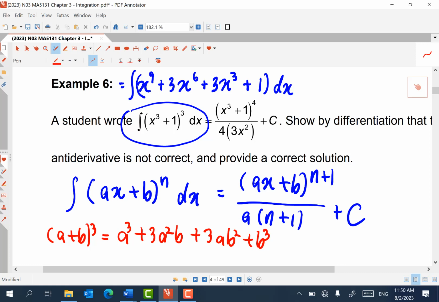Use what? Oh, yeah, it must be linear. This one requires it to be linear. Oh, linear then can. Wait, what if they ask you to integrate x cubed plus 1 to the 100? Okay, then turn over to the next question. I'm going to pretend I didn't see that.